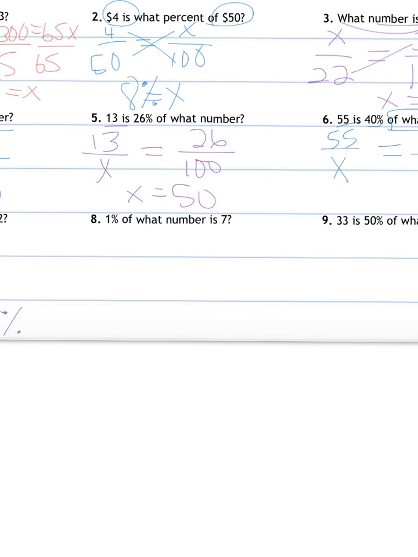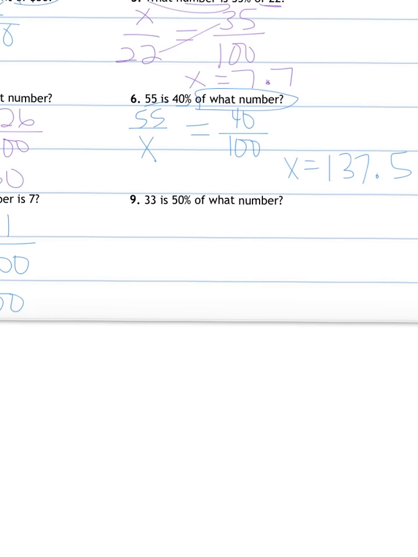1% of what number is 7? Draw your proportion. 1%, that's 1 over 100. Our of what number? That's going to be our denominator, and is 7 times 100 divided by 1. X equals 700.